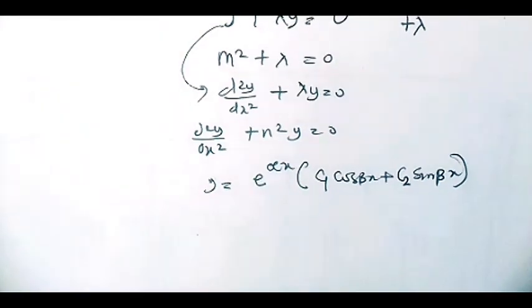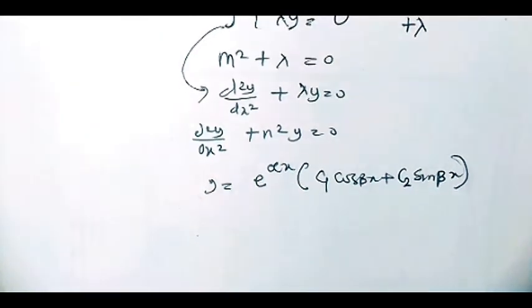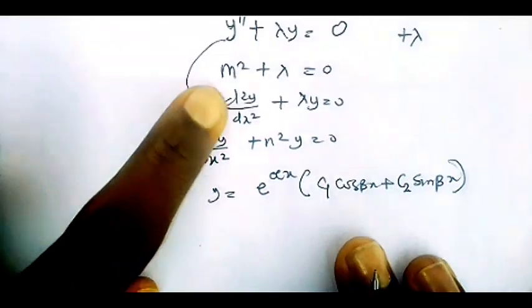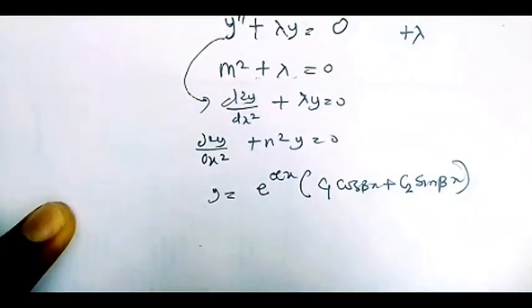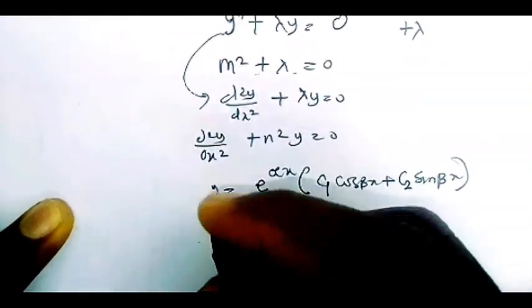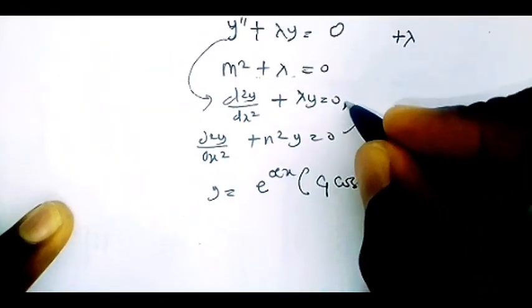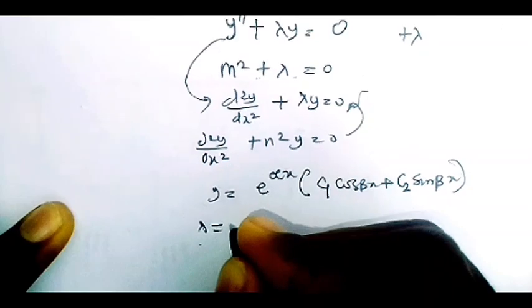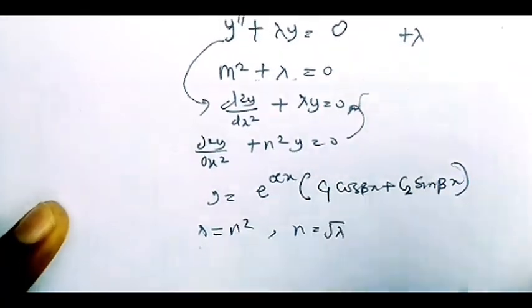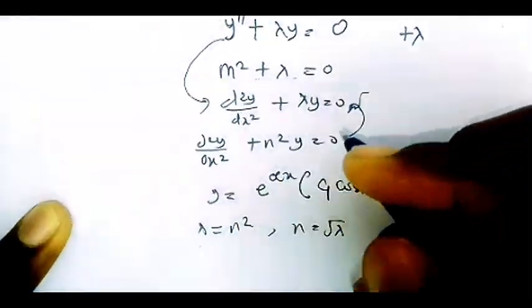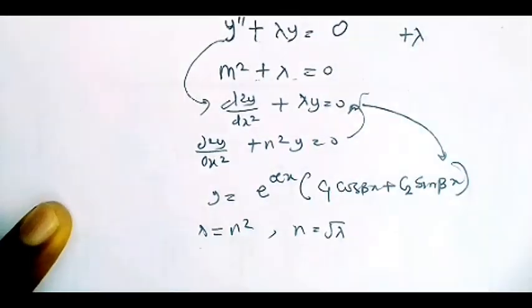So this is the solution we'll get, right? We don't need to solve it. Going from here, m squared plus lambda, if I compare these two equations, I know that lambda is equal to n squared, and which means n is equal to the square root of lambda. So I don't actually need to solve it.